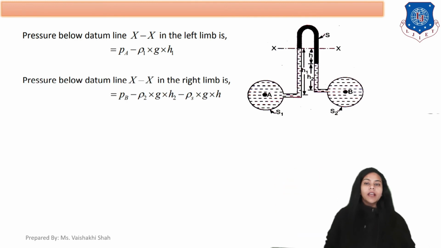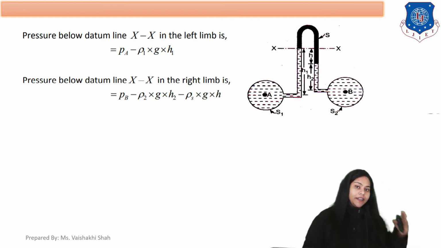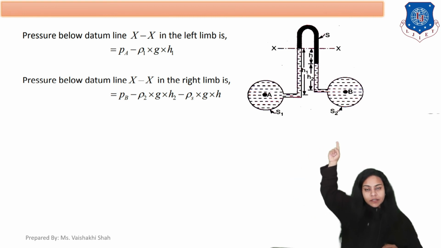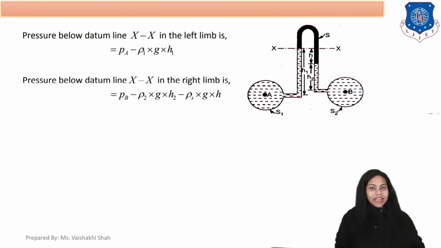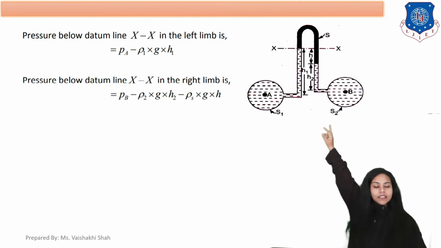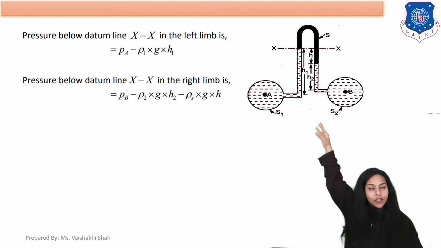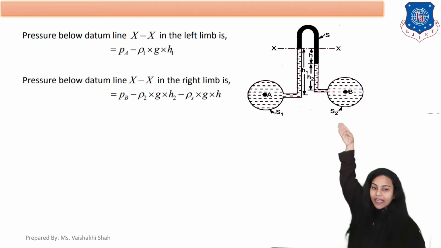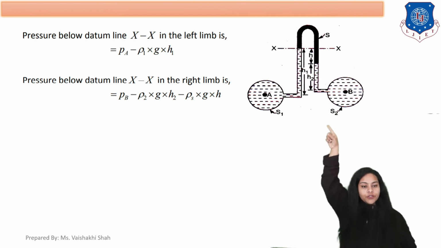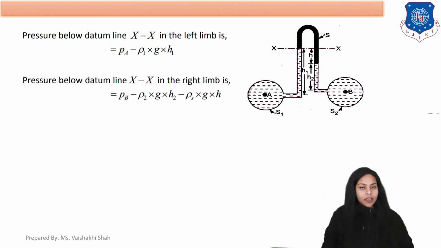Okay. Now the pressure below XX in the right column is PB. First, the pressure due to the liquid in pipe B is PB minus rho 2 g H2, then minus rho S g h. Clear?